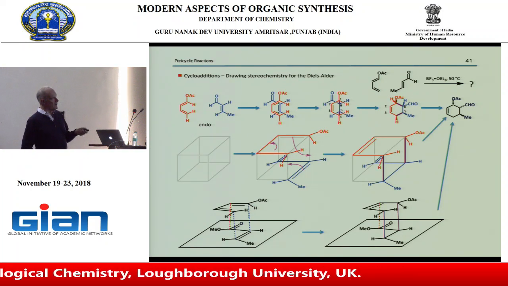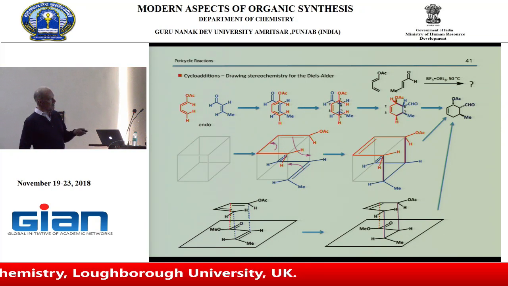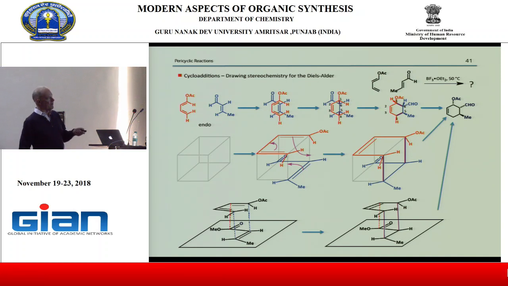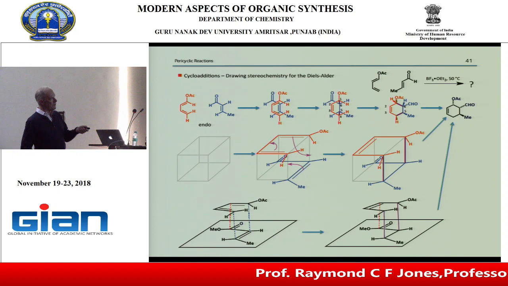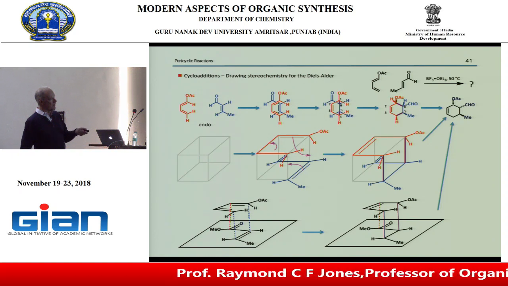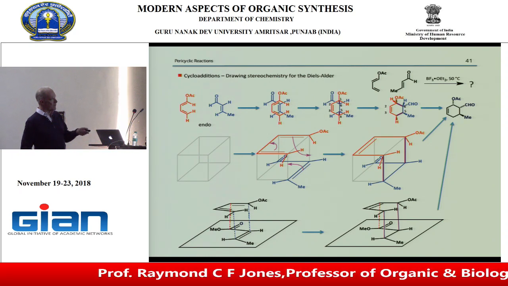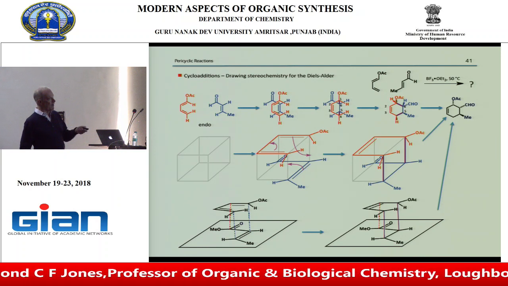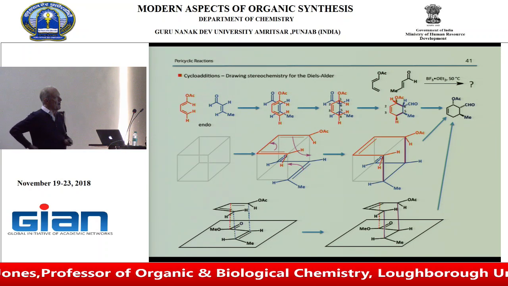And then you have ready-made indicators, these edges of the box, to show where the bonds would go. And you can use curly arrows, shown in purple here, to show how the electrons rearrange. So these two come down here to form a sigma bond, this pi bond comes here to form a sigma bond, this pi bond goes there to form the cyclohexene pi bond.